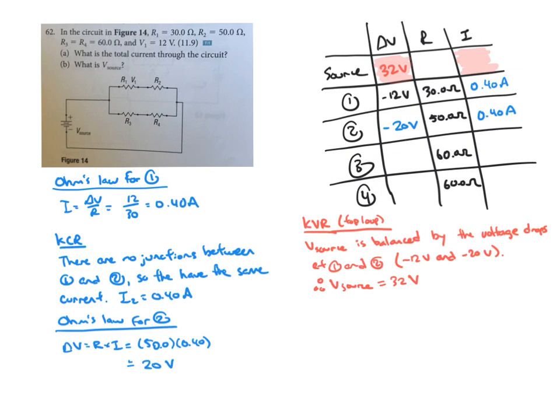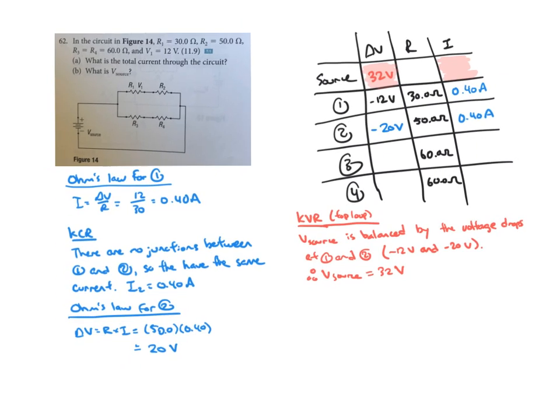Second method would be getting the voltages for resistors 3 and 4, and then getting the currents for that, and then using KCL to find the current. So you know what? I'm going to do both ways, and hopefully the answer will be the same. I'm kind of running out of space. I'm going to try to shrink some stuff here.